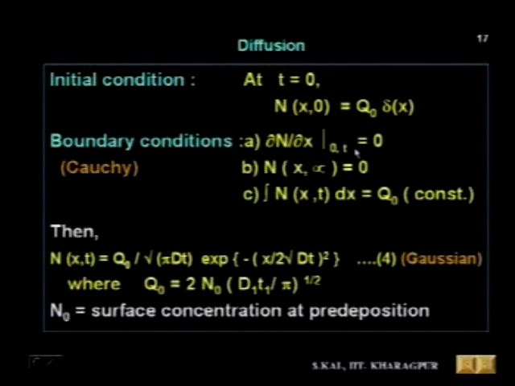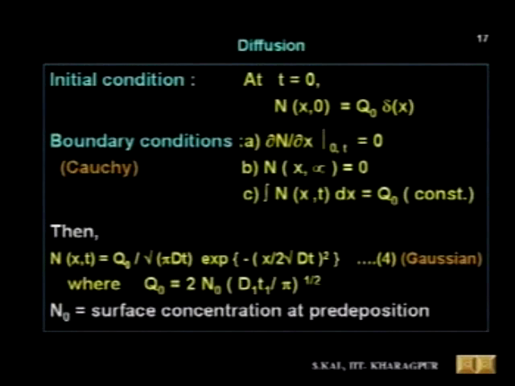That means x equal to 0 is the surface, so at the surface the concentration gradient is constant, that's why del N del x at the surface is 0. And at infinite time, N(x) at any distance will be 0, meaning it is minimum.